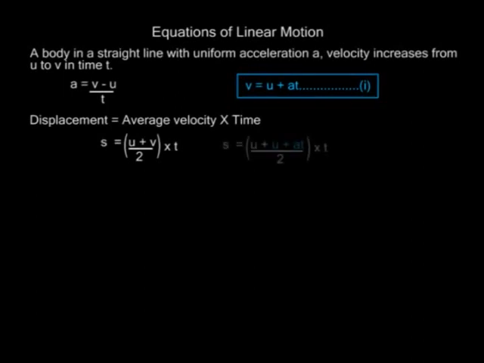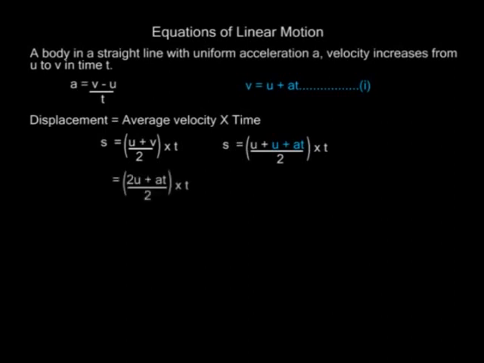So we shall have s, the displacement, is equal to u plus at over 2 times t. Simplifying that, we shall have 2u plus at over 2 times t. If we simplify, we shall end up with s is equal to ut plus a half at squared. We call that equation 2.